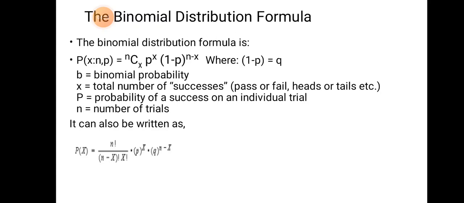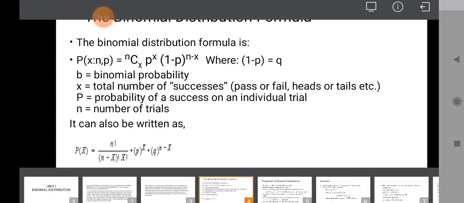This is the formula. So, actual formula is nCx into p to the power x into q to the power n minus x. So, how to find nCx? That is n factorial divided by n minus x factorial into x factorial.